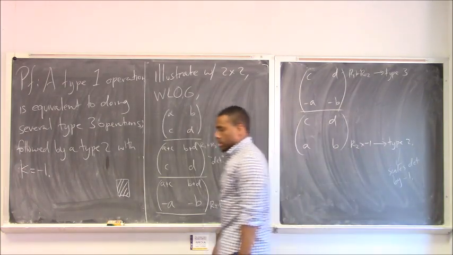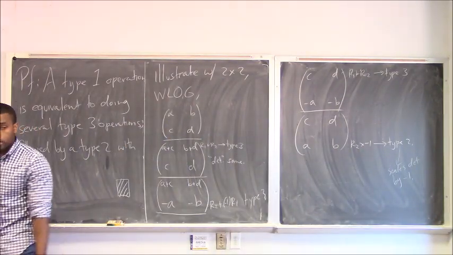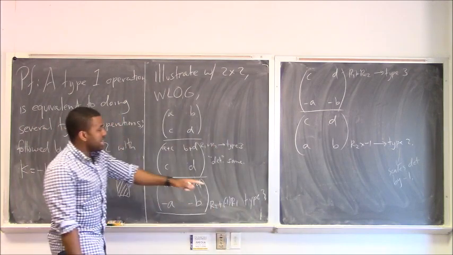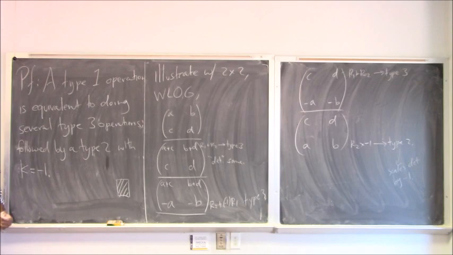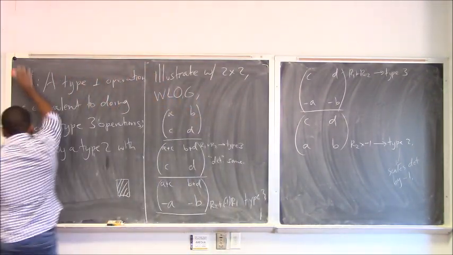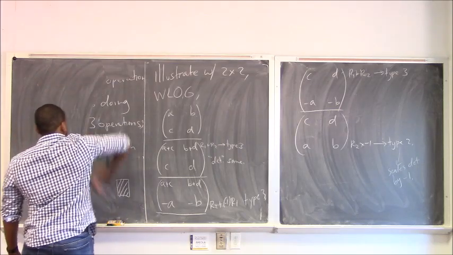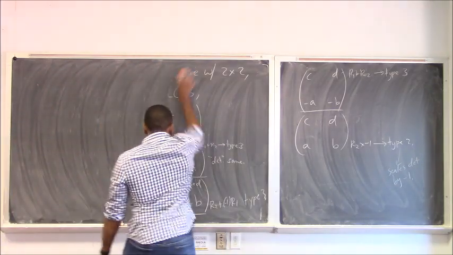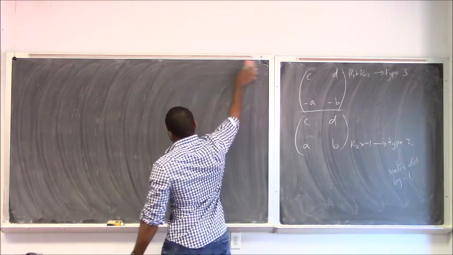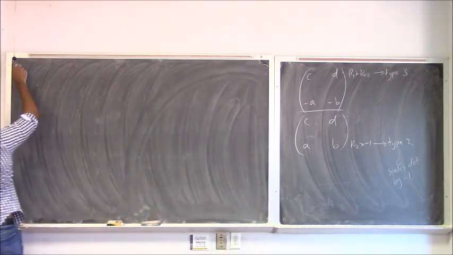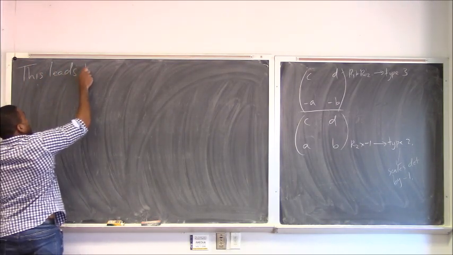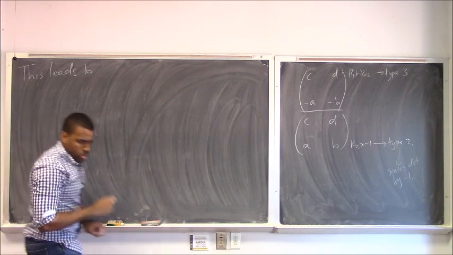So now we know how row operations affect determinants. Type 3s do not change the determinant. Type 1s negate the determinant. Type 2s scale the determinant. Okay, great. Do I want to give you any warnings at this point?